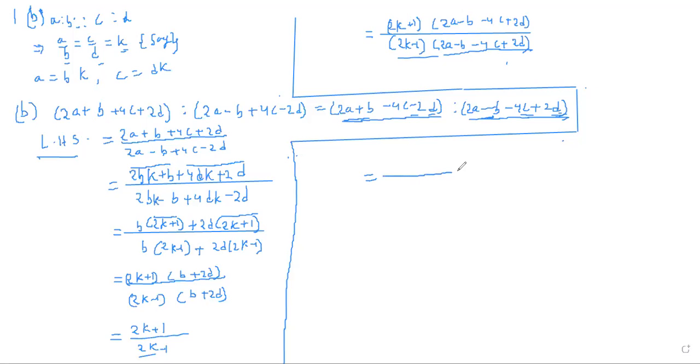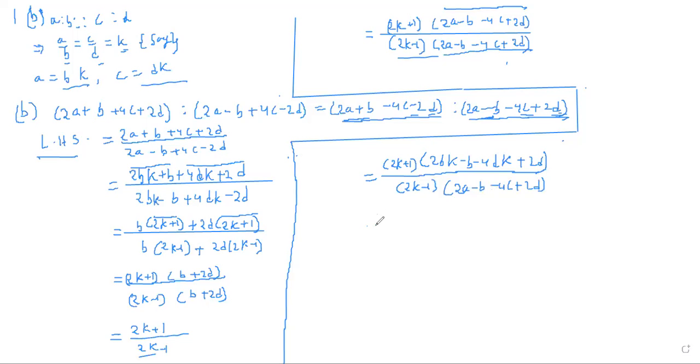So how to bring that? For this you will again use our results given in the question, that is A equals BK and C equals DK inside this bracket of numerator. So in place of A it becomes BK plus B minus 4 into DK plus 2D.